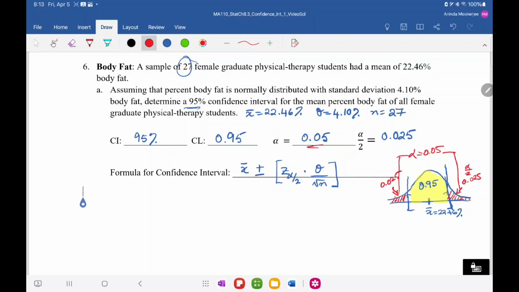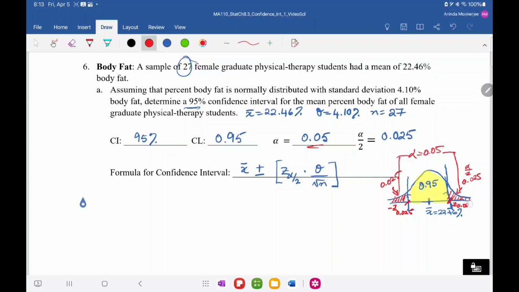So we have to find the Z values corresponding to each end of the interval. On the left-hand side, it will be negative Z of 0.025. On the right-hand side, it will be positive Z of 0.025.